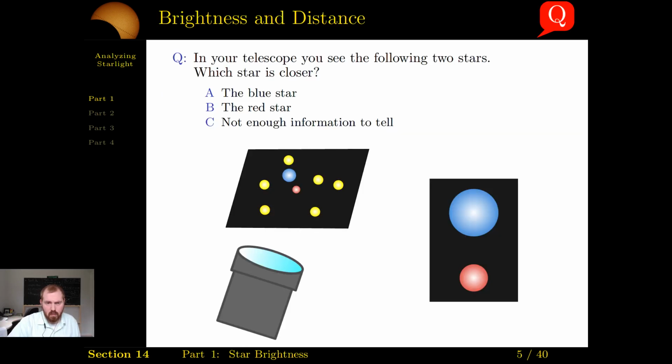So let's start to tie all these concepts together. Take like that last picture. Let's say you're looking at a telescope, and this is the picture you see. You see a blue star and a red star. And the question I have for you guys is, which star is closer?